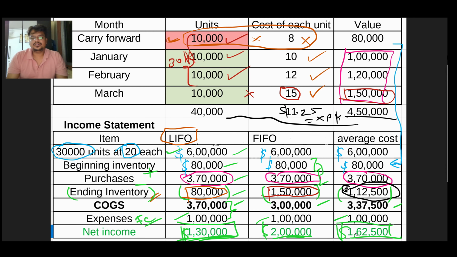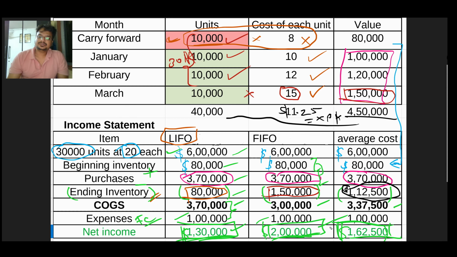Now if you look closely, all these three methods are giving different answers. The FIFO method is giving the highest net income, which is 200,000. The LIFO method is giving the lowest net income, which is $130,000, and average cost is giving 162,500.